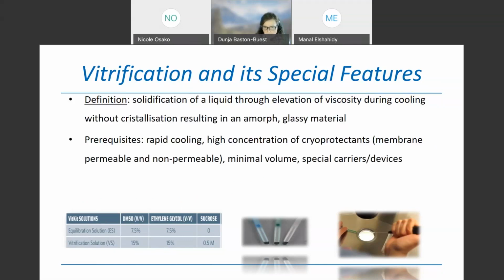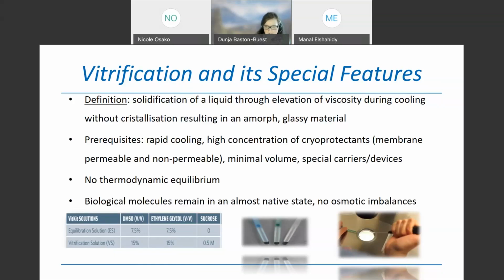We need rapid cooling, a high concentration of cryoprotectants, a minimal volume of the cryo solution, and special devices where we put the specimen. We have no equilibrium, to compare it with slow freezing, and the biological molecules remain in the native state. So we have no osmotic imbalance there.